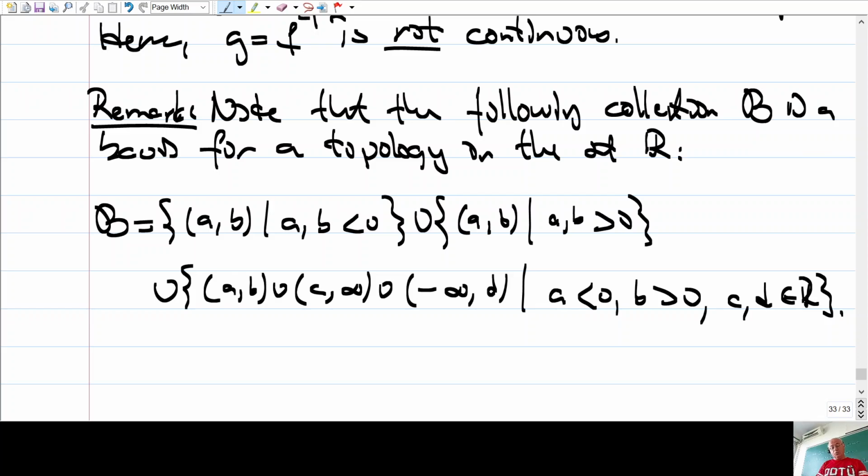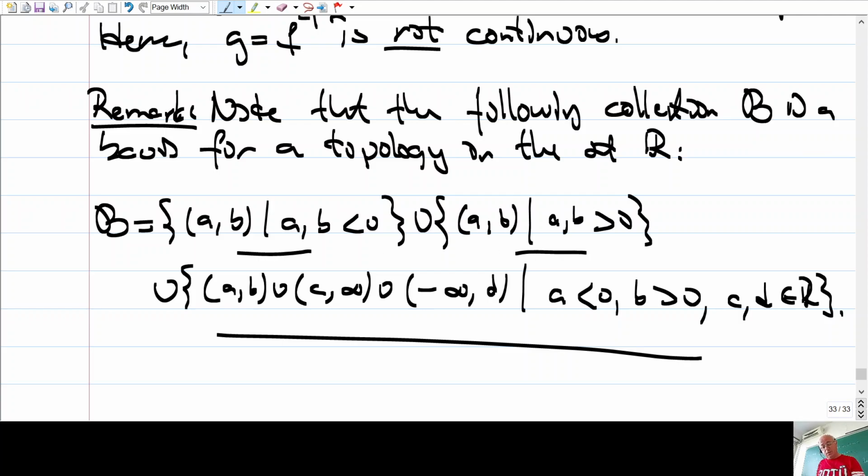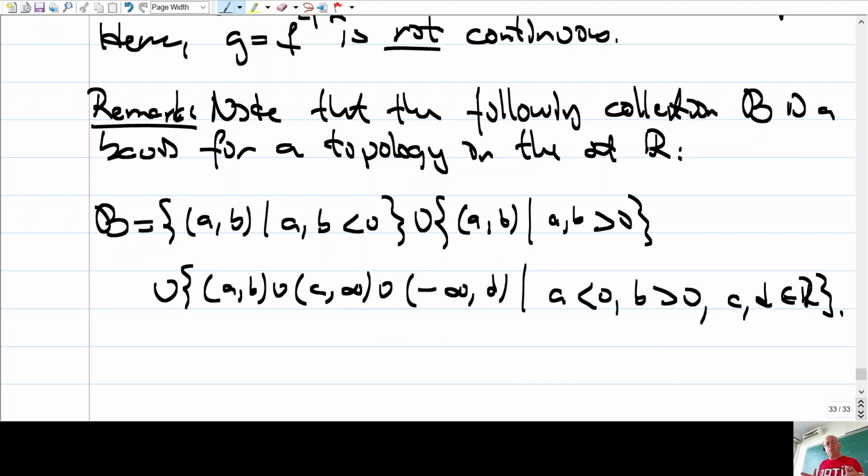Now, this one is the collection of those orange sets. These are the blue intervals. These are the red intervals. And all together they form a basis for a topology.